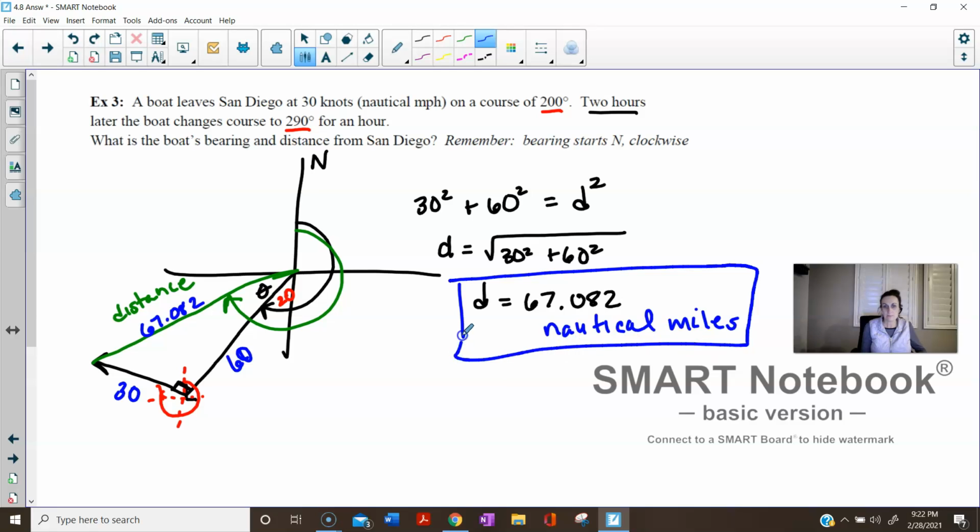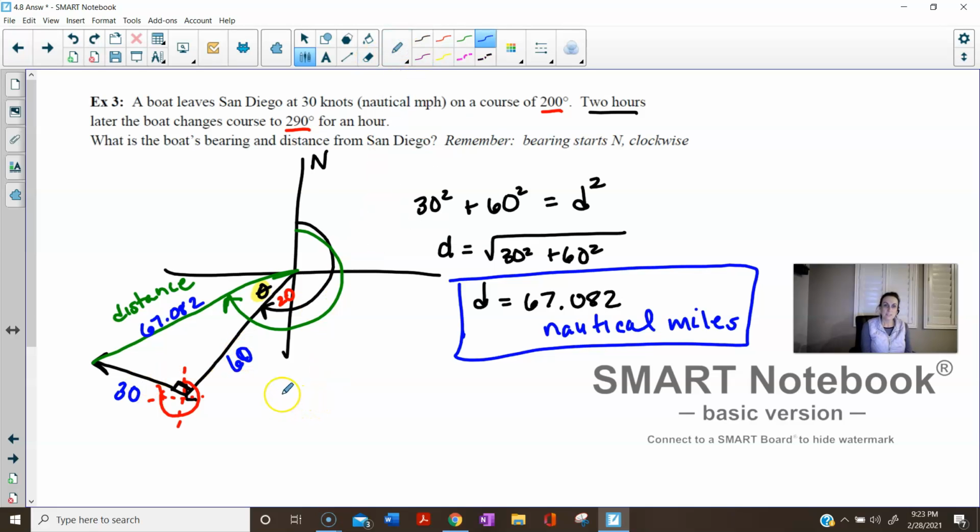All right. So now what we're going to do is figure out what theta is, because if I can figure out theta right here, then my bearing is going to be 180, and then remember the 20 here was 200 plus theta. So I would just do 200 plus theta, and that would give me my bearing. So I'm going to use tangent, which is opposite over adjacent.